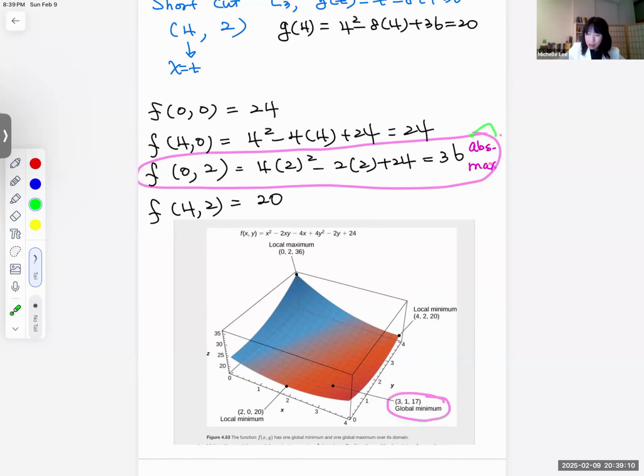We had the absolute maximum when x equals 0, y equals 2, z equals 36. So 0, 2, 36 is the absolute maximum, which is the global maximum if they want to denote it. So global, not the local. Global, absolute: absolute minimum, maximum, okay?